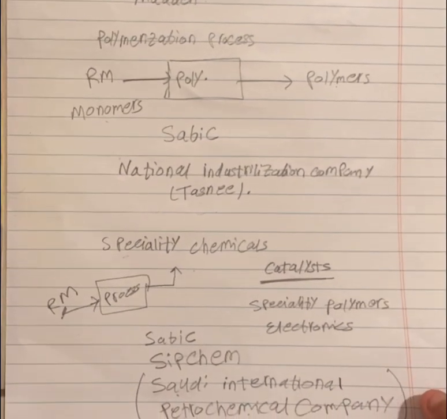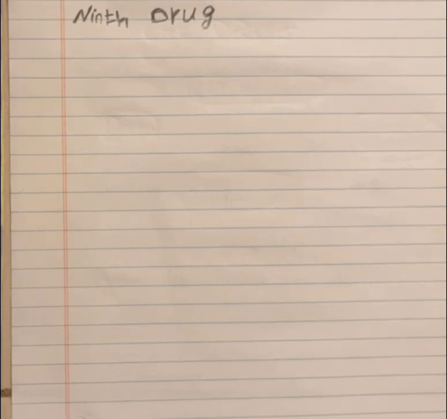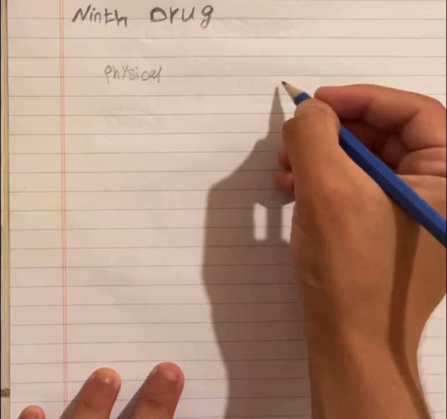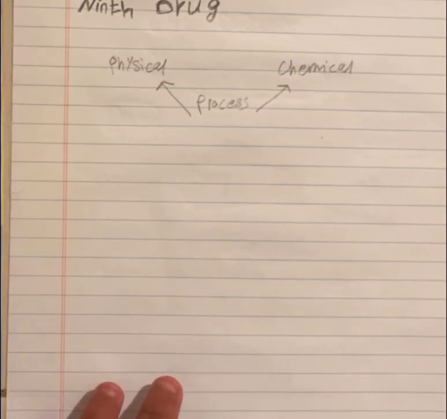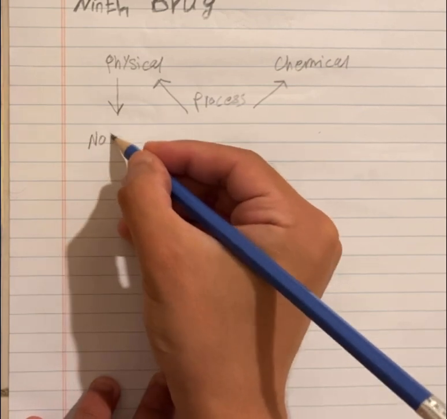And now let's come to the first stage, or as I want to call it, the ninth drug, knowing what a process is in detail. So a process, regardless of any process we are encountering, could be physical or chemical. Physical process, no reactions.